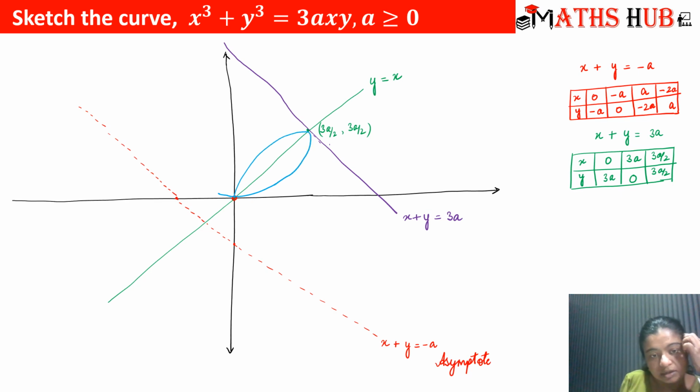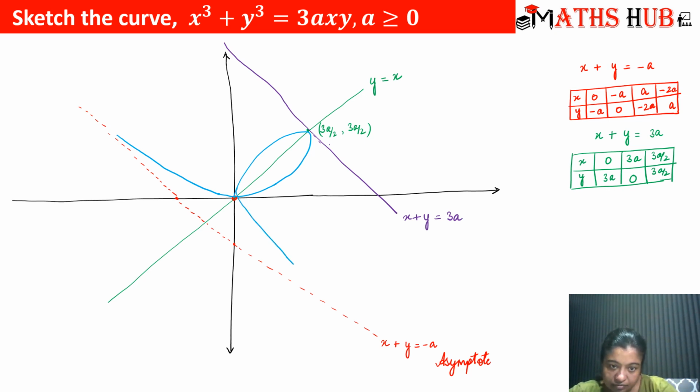Then this branch will go like this, will extend like this. And this branch will go like this. So this is how we draw the Folium of Descartes, x cube plus y cube equal to 3axy.